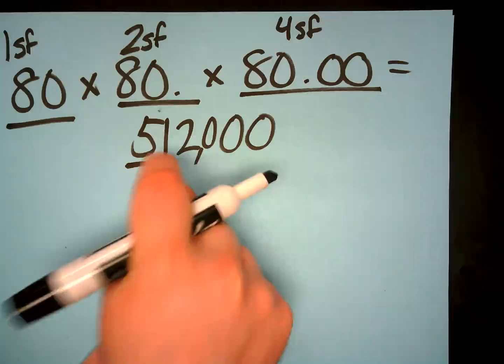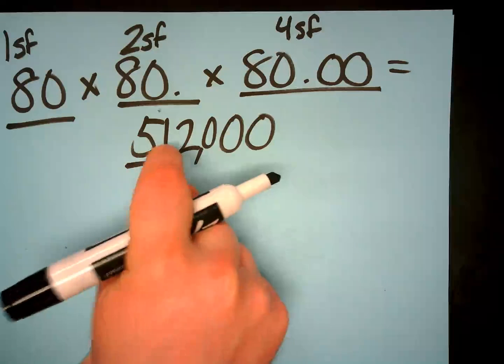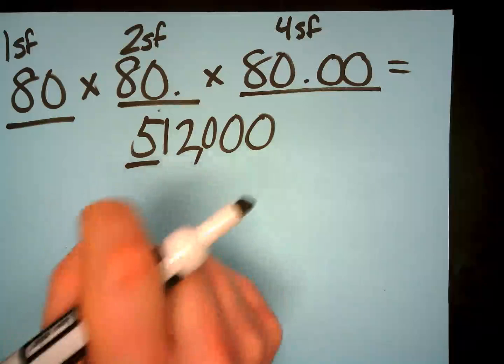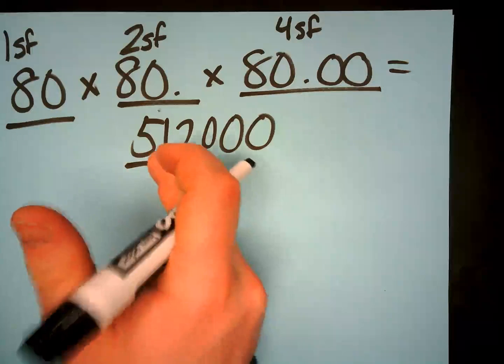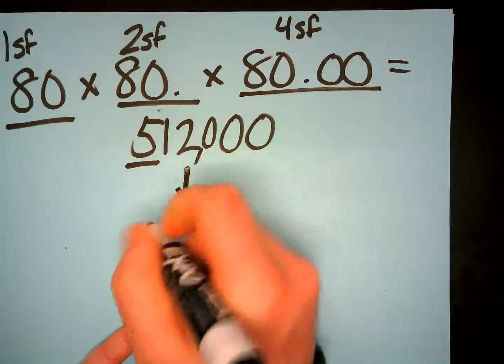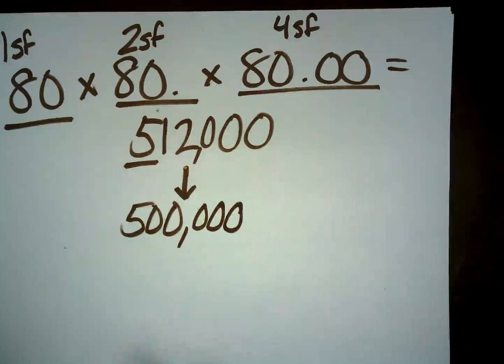Okay, so if this number right here, that's where this 1 is at, if it were 5 and up, I would round up. But if it's anything below 5, I'm going to round down. So in this case, because it's 1, I'm going to round down. So my final answer is actually going to be 500,000.